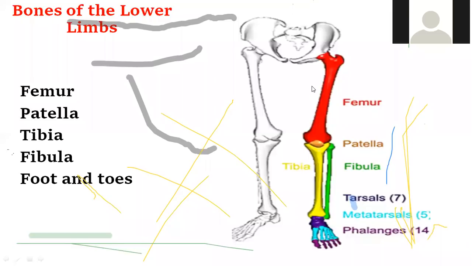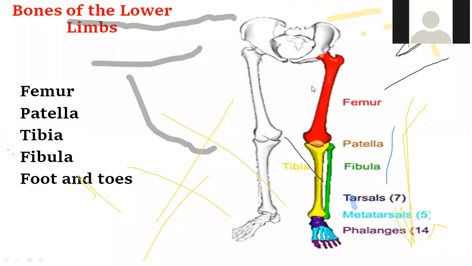Now, the femur. If I ask you to discuss the femur, I'm sure you will tell me the femur is a very long bone of the lower extremity. It has a head, a neck, and the head articulates with the acetabulum of the hip bone to form the hip joint.